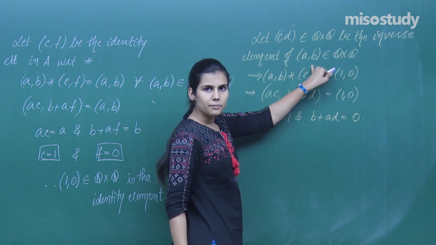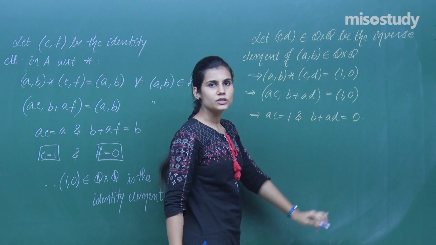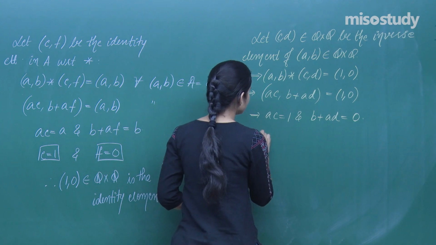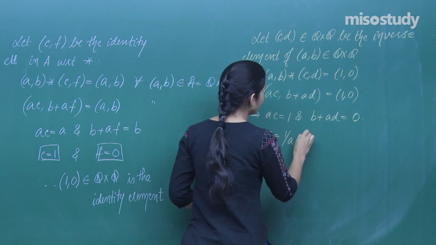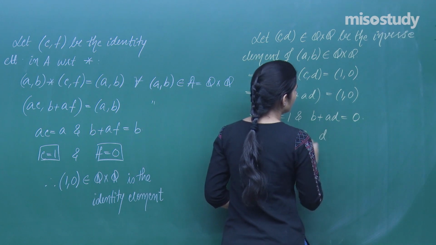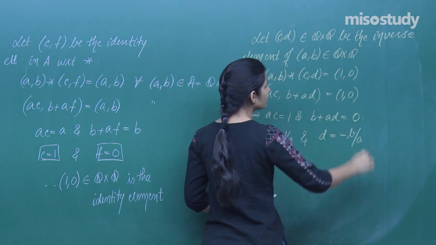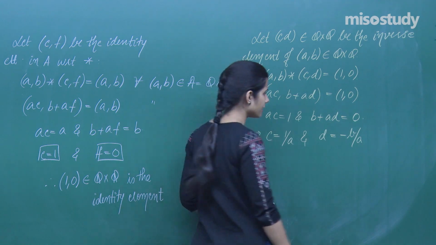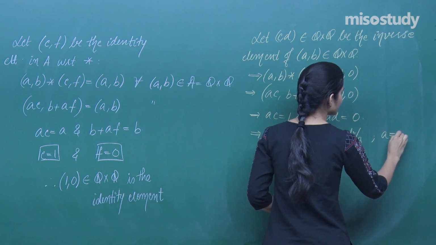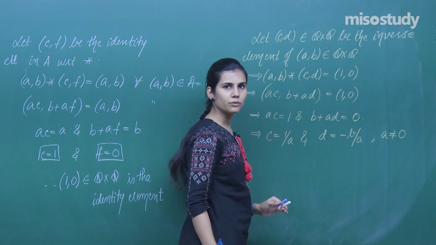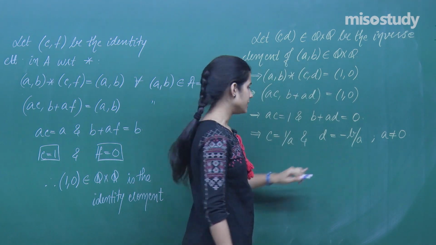A and B you are aware about, you are saying (c, d) is the inverse of (a, b). So c will be 1 by a, and d will be what? Minus b by a, because ad equals minus b, so d is minus b by a. Is it clear? A has to be not equal to 0 clearly, otherwise this will not be defined.